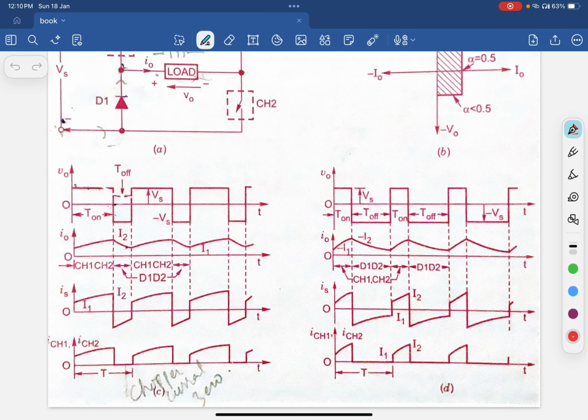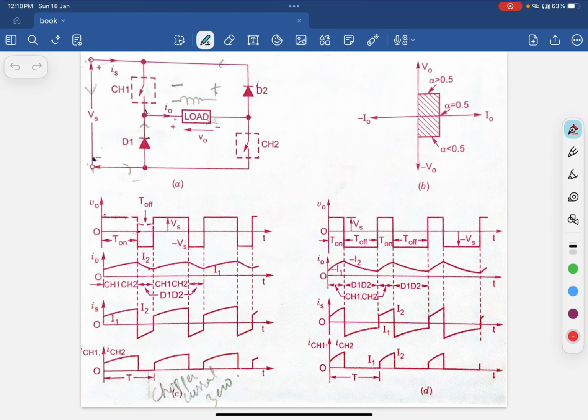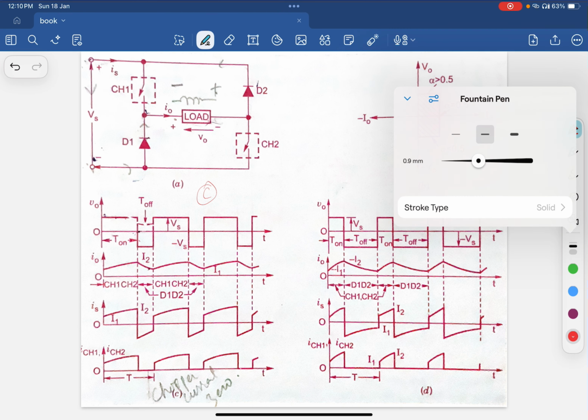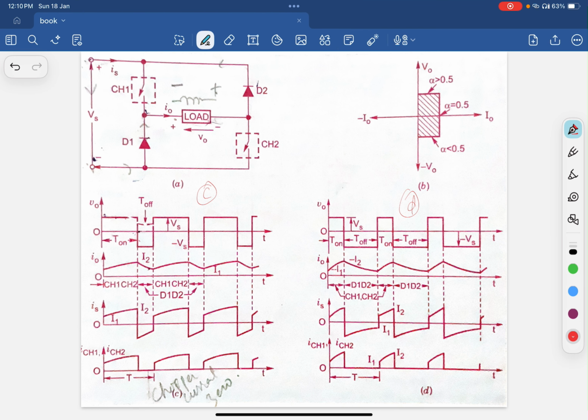Here, if you observe, there is a difference between both the graphs in C and D. What is the difference between them? You can see the T on period is larger than the period when the choppers are off. So there is a difference in the time period.